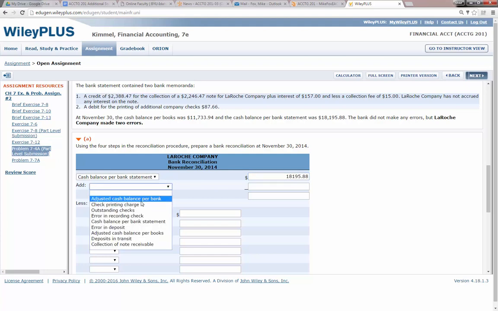Remember, outstanding checks are checks that we've written but have not yet shown up on our bank statement. I'm sorry, not outstanding checks. I just lied to you. Sorry. We're going to add in our deposits in transit. Deposits in transit are deposits we've made that have not yet shown up on our bank statement. So we're going to make an adjustment to our bank statement balance to account for those deposits in transit.